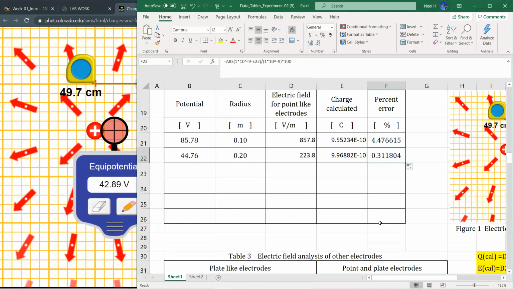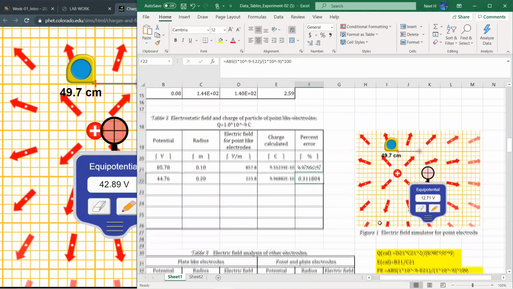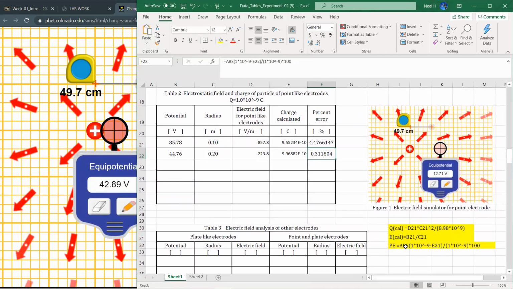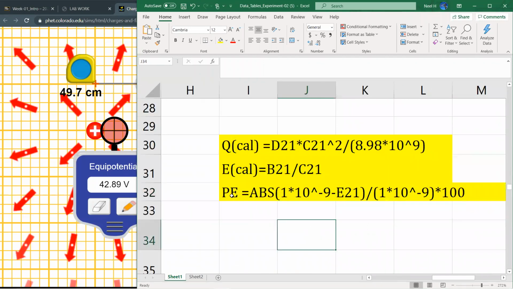Professor, could you show the percent error formula? Sure. I think we can make it smaller, then you should be able to see it. Can you see it now? Let me zoom in on this one.